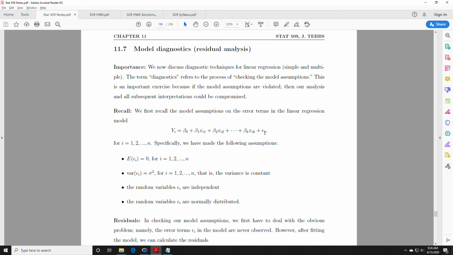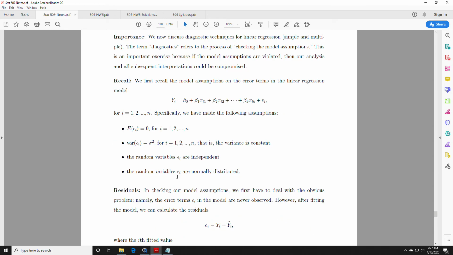All of the assumptions are about the random error terms here, the epsilons. Okay, and it doesn't matter whether we have a multiple linear regression model like this or simply the simple linear regression model, which is just a special case, just the simplest version. Doesn't matter, the assumptions are all the same, and those are that the random error terms all have expected value 0, that the variance is the same for all of the error terms, that they are independent, and that they are normally distributed.